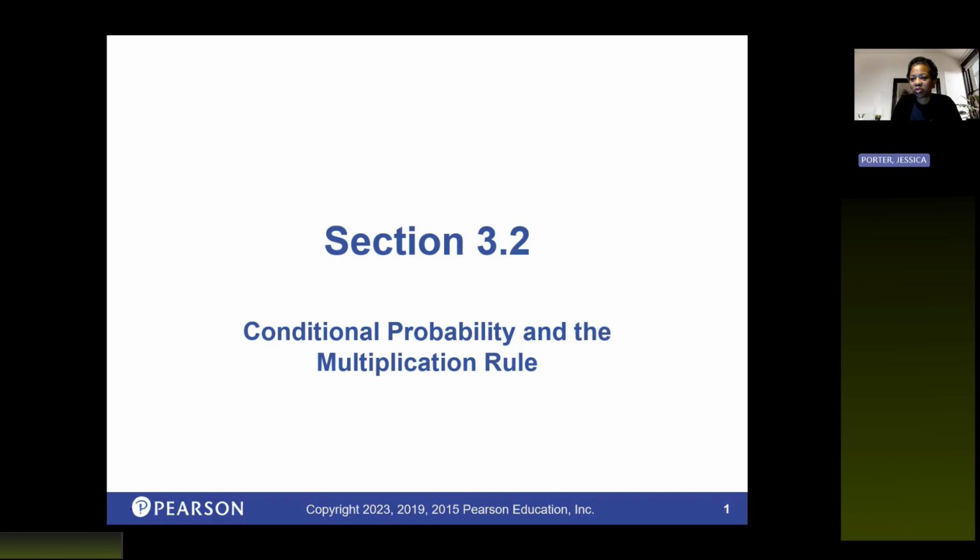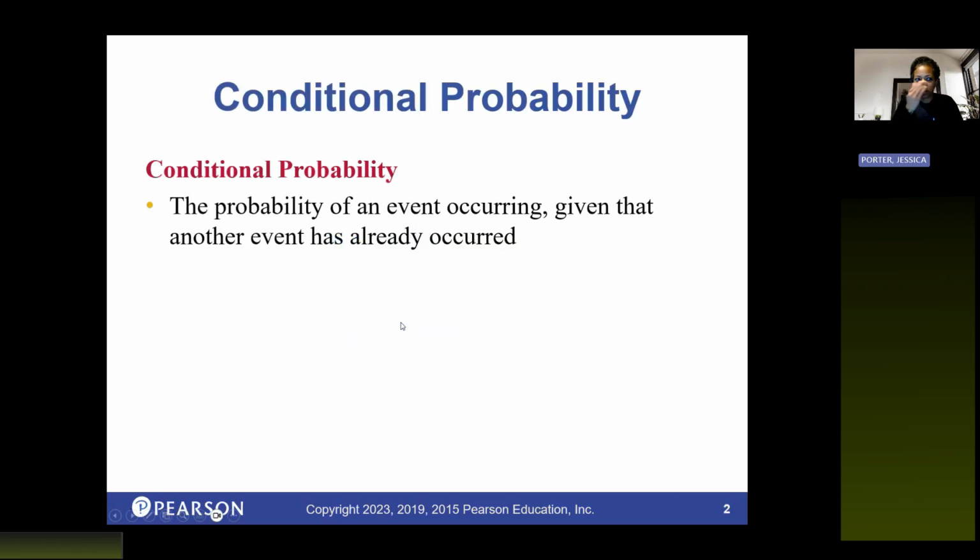Chapter 3 is actually pretty short. This presentation has only like 15 slides. So we'll get started with it, and that'll run us into our first break. So conditional probability is the probability of an event occurring given that another event has already occurred.